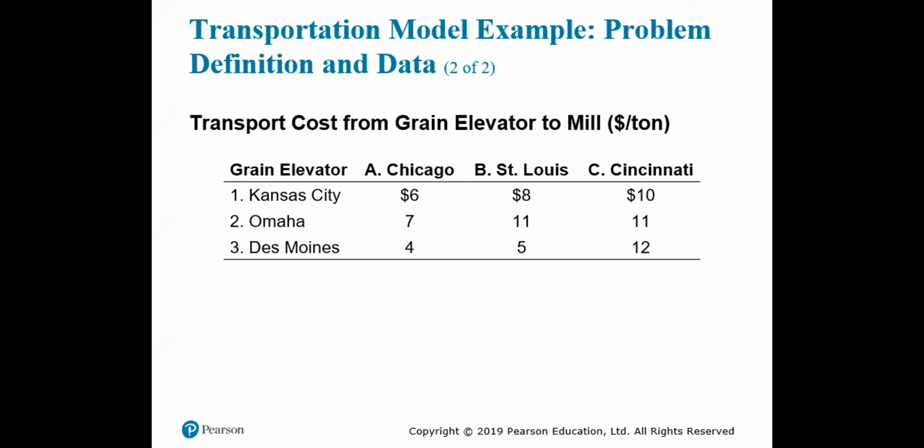Now, what we have here is how much it will cost to transport the goods from the elevator stations to the final destinations, or to the mills. And what is unique about these problems is that there are row-column pairs, and you have to take note of that, because if you don't, you cannot formulate the problems.